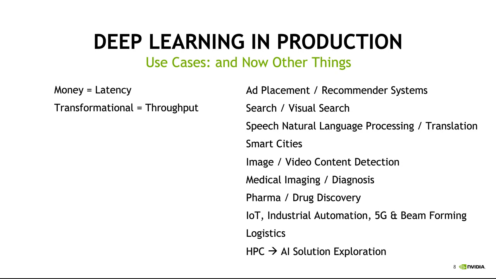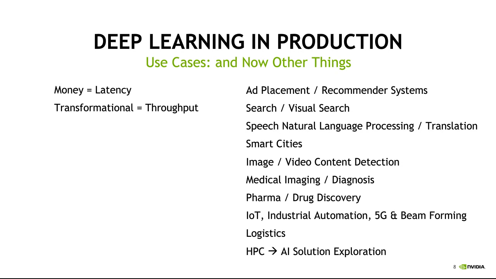So I want to touch on a few really cool uses. Hopefully it'll be a bit of an inspiration for you. My apologies if you already know this stuff. Obviously, things like search and visual search, if you look at Google, Bing, Amazon, any of these guys, Baidu, they're all using deep learning. Speech, natural language processing and translation is all AI-based now.